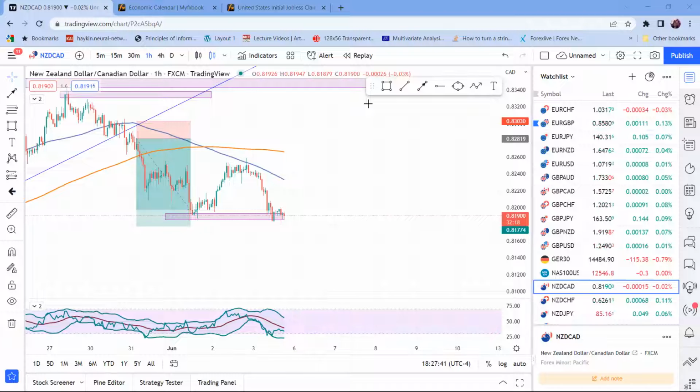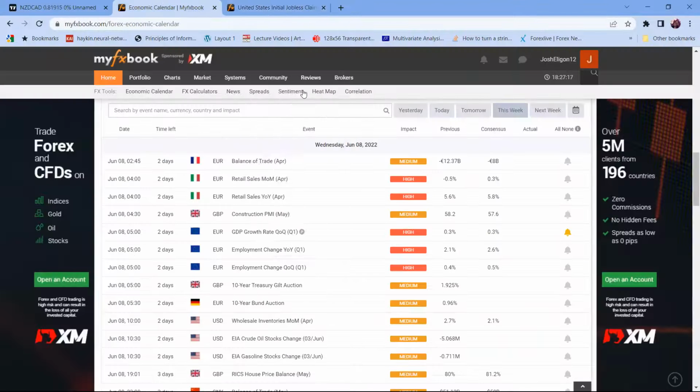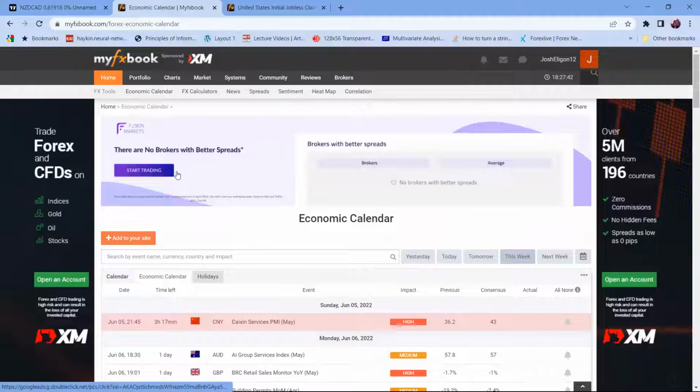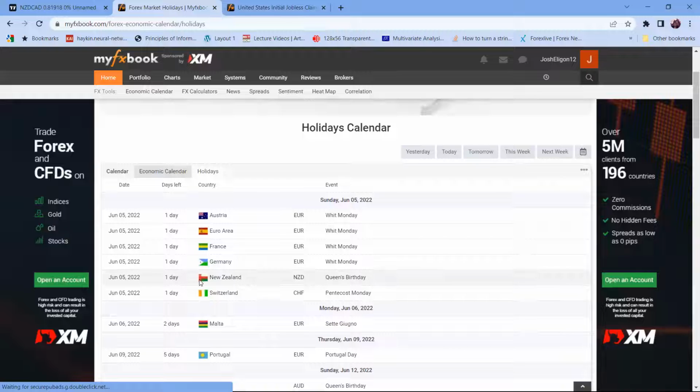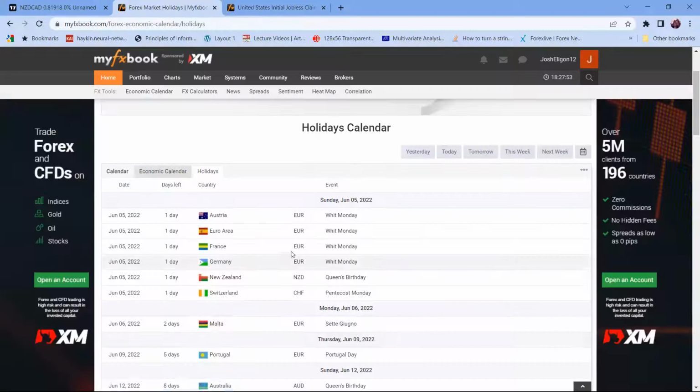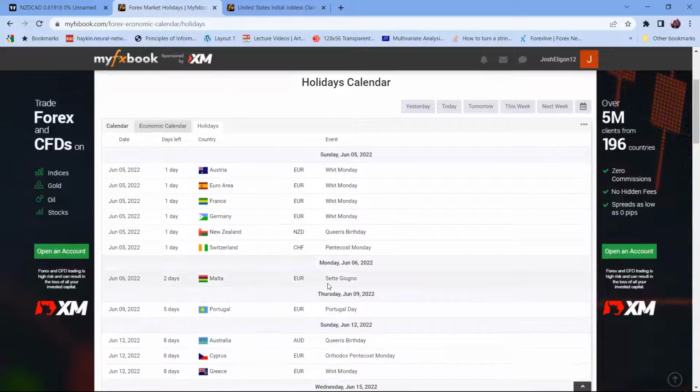Yeah, I believe so. Let me just check. Euro bank holidays. Let's see. Holidays. Euro area. All right, so for Monday, just Malta, right?